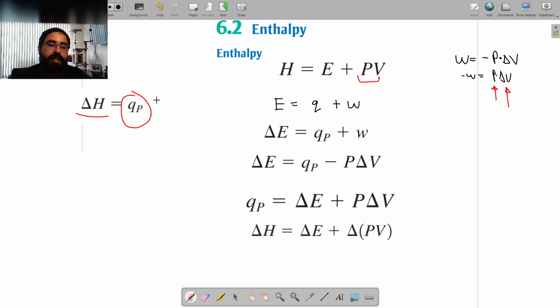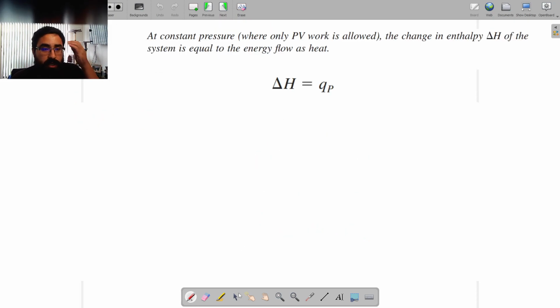So if you design an experiment where pressure is constant, you can calculate the enthalpy of a chemical reaction, or you can calculate the change in heat flow in a chemical reaction. So you can calculate whether a chemical process is going to release energy and how much energy it will release. That's going to be the next thing that we're going to do.